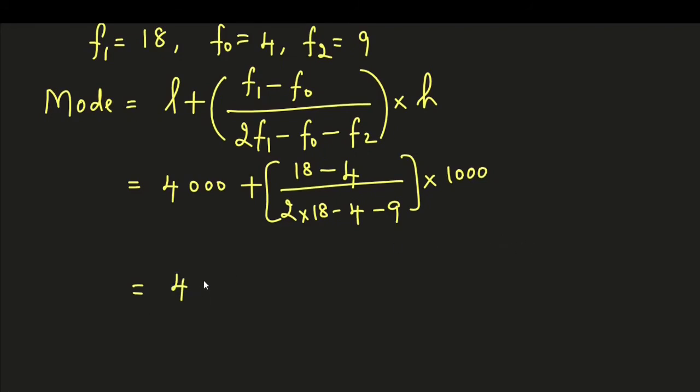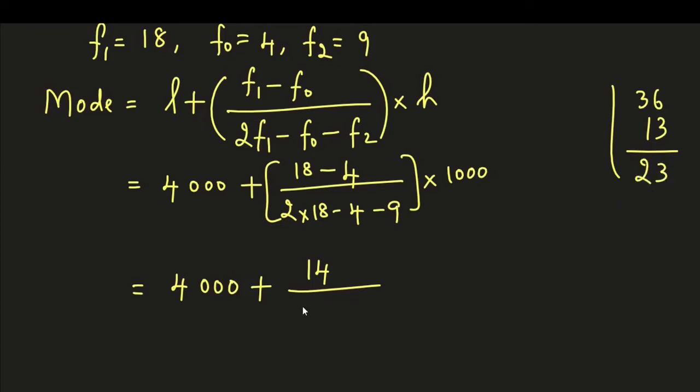Now let us simplify and calculate the value of mode. This is 4000 plus 18 minus 4 is 14. This is 36 minus 13. It is 23. So 23 into 1000.